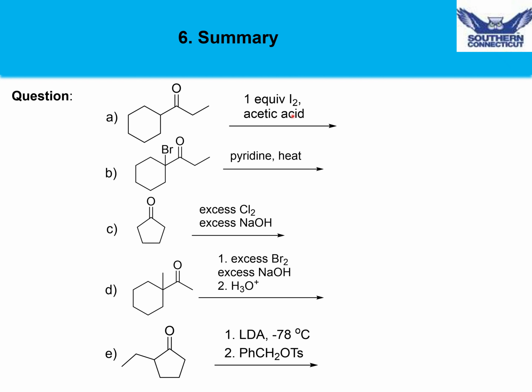In the fourth reaction, a ketone reacts with excess bromine, excess sodium hydroxide, and aqueous acid in the second step. Notice this is a methyl ketone. In the fifth and last reaction on the slide, an unsymmetrical ketone reacts with LDA and an alkylating agent.